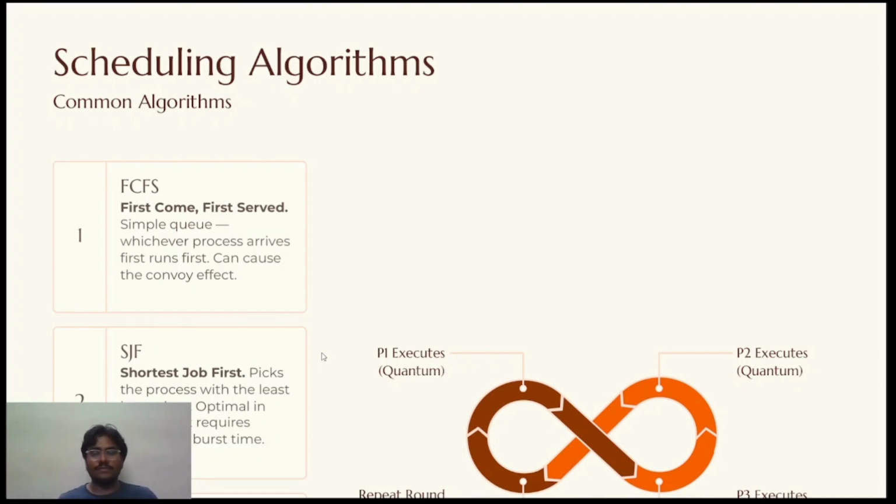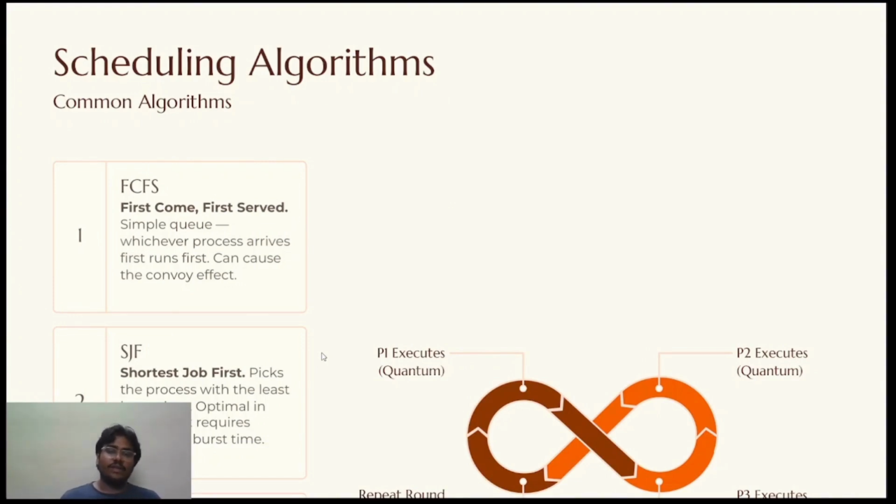The first process comes, it runs, and then the second process comes, it runs. Whoever comes first gets the running time. The problem is a very long waiting time, because the second process also has to wait for the first to complete. So it takes so much time.